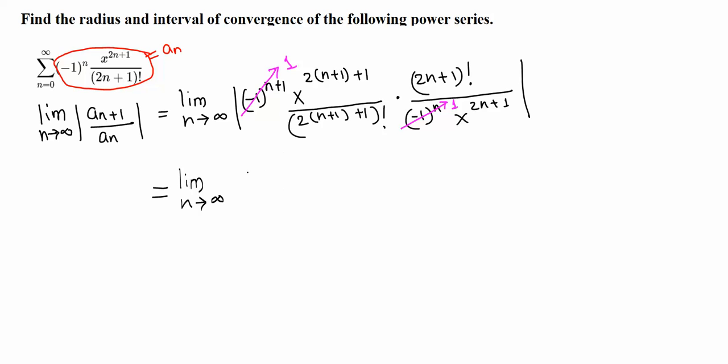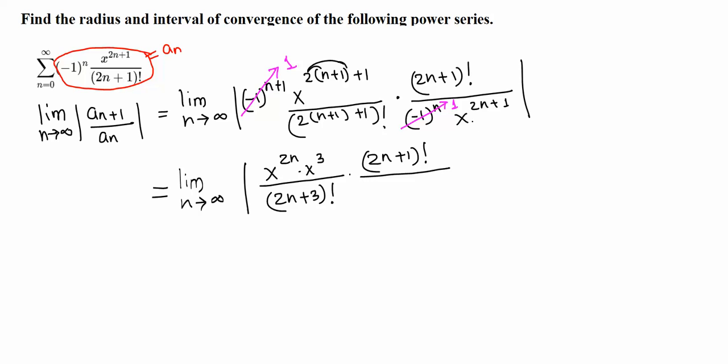Now let's simplify. For x^(2n+2+1), that's x^(2n+3), which is the same as x^(2n) times x^3, over, distributing here as well, (2n+2+1) factorial, so (2n+3) factorial, divided by, since we multiplied by the reciprocal, (2n+1) factorial over x^(2n+1), which is the same as x^(2n) times x.